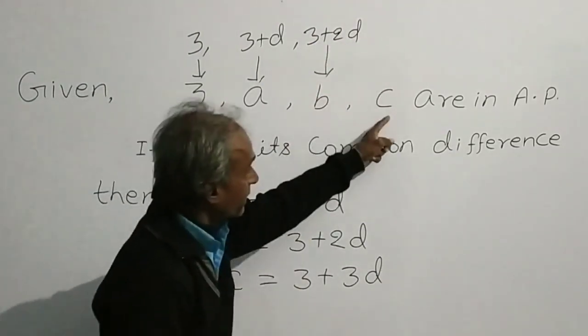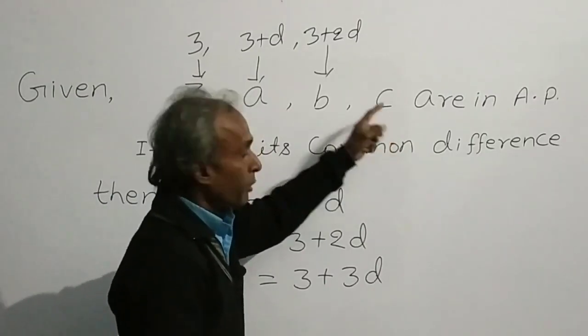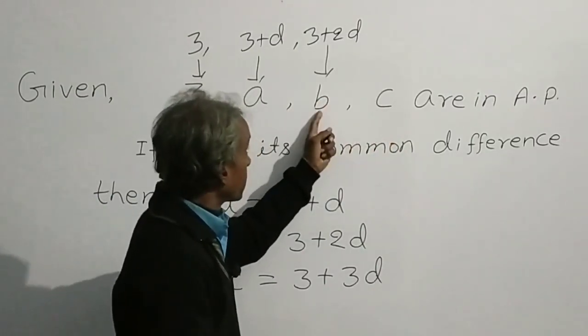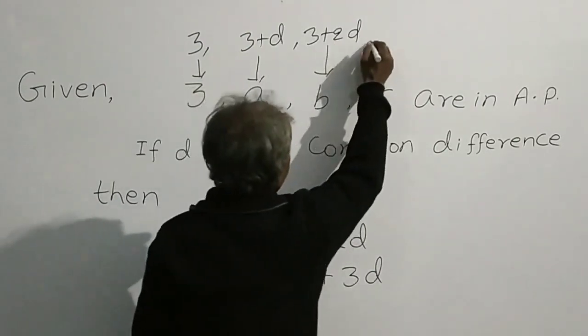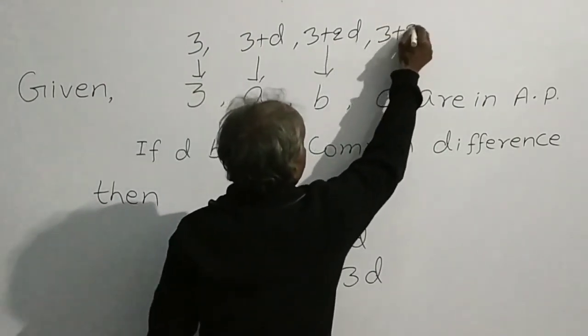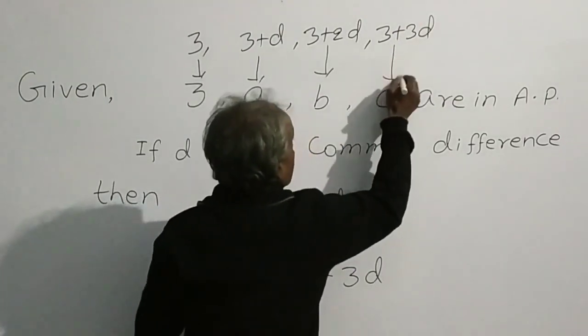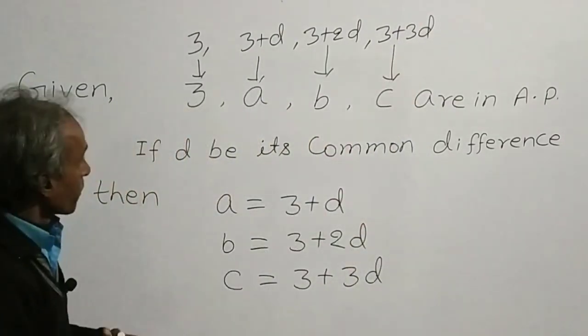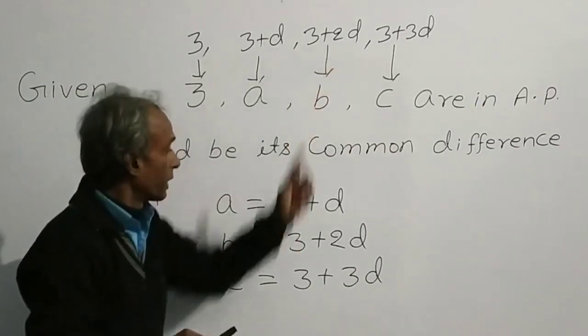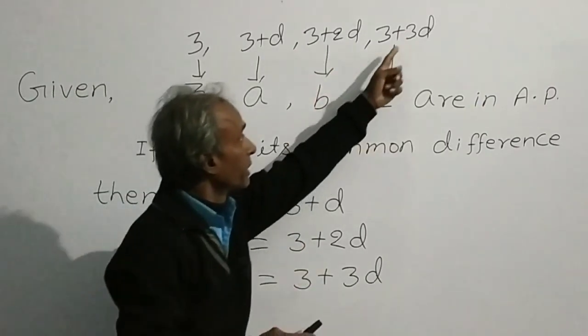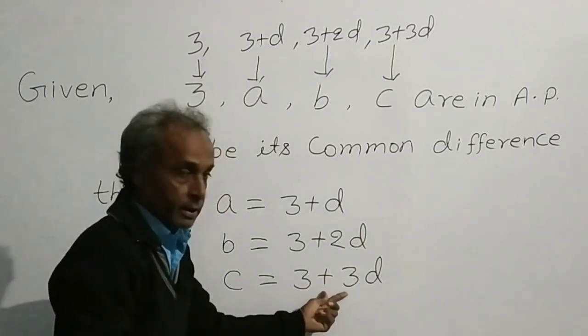To get the next term on the right hand side, we add D with this term, and we get 3 plus 3D. Therefore, A is 3 plus D, B is equal to 3 plus 2D, C is equal to 3 plus 3D.